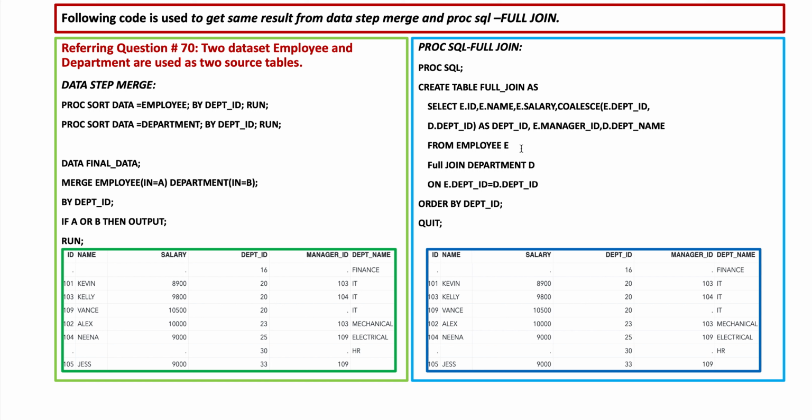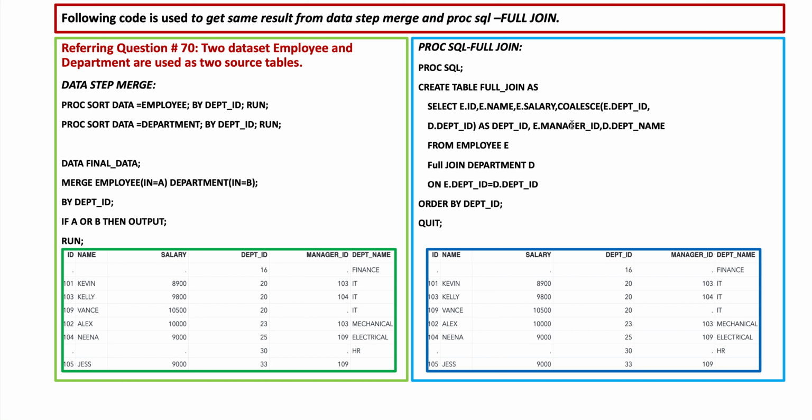From employee E, full join department D, on, that means on which condition we are going to join. The joining condition is e.department ID equals d.department ID, order by department ID, and quit.